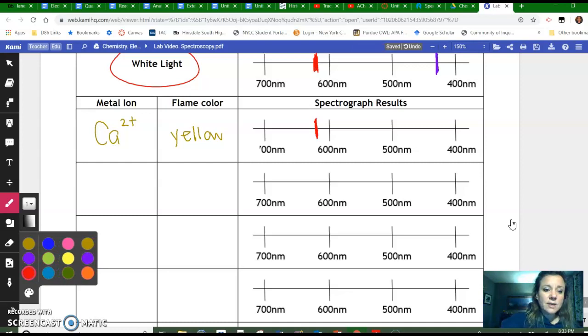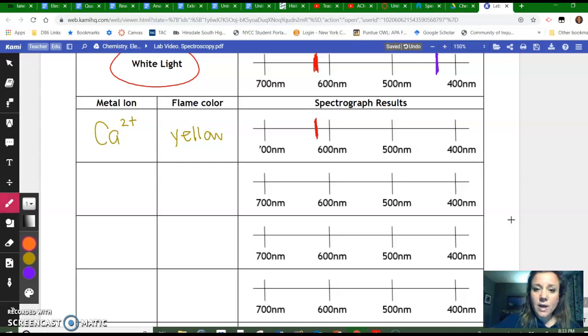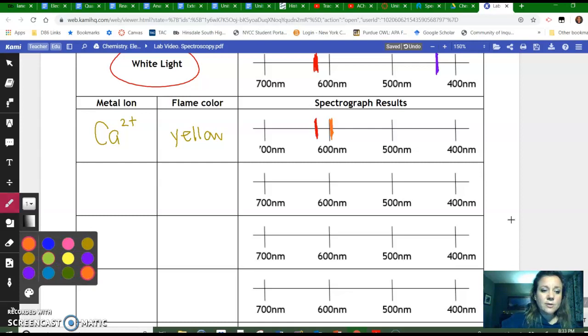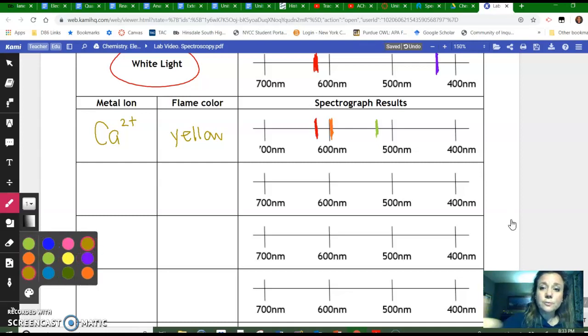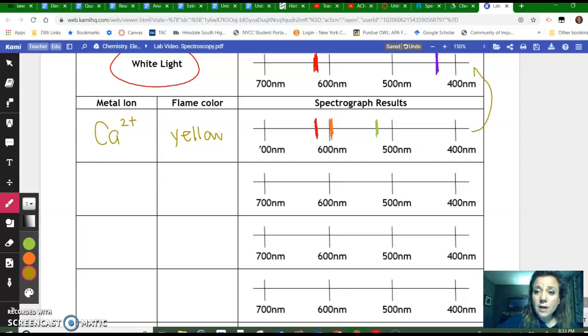If you see orange light as well, you might draw a line here close to the 600 nanometer mark. And maybe you see a little bit of green, and then you would put it wherever the green number is.